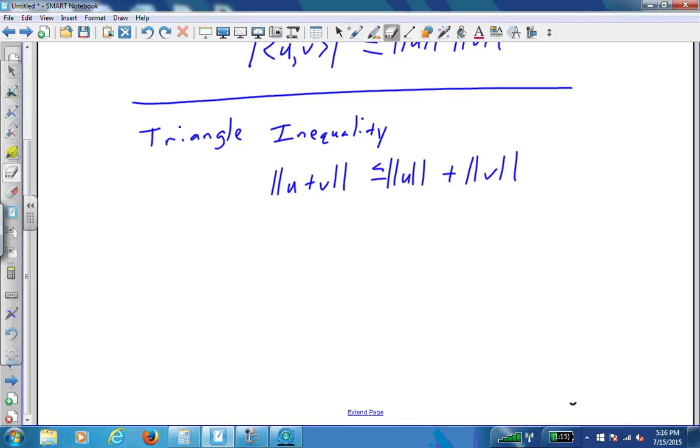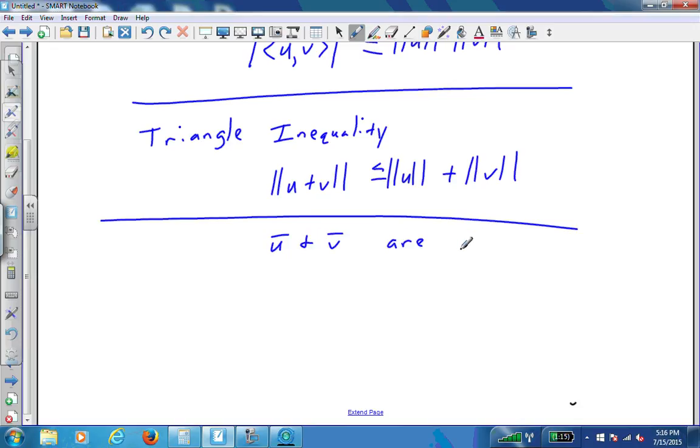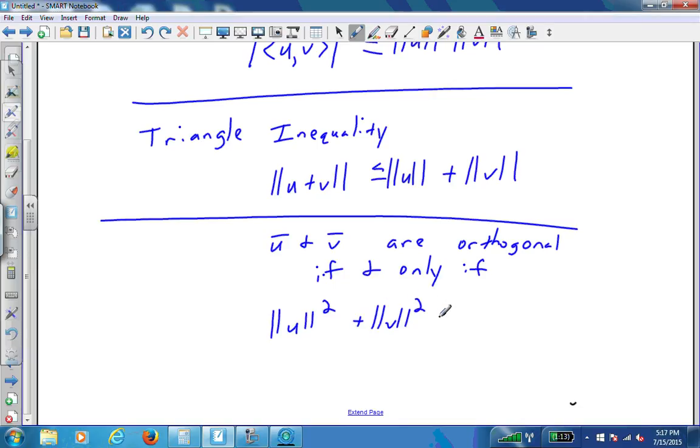And the other one is the Pythagorean theorem. U and V are orthogonal if and only if the norm of U squared plus the norm of V squared is equal to the norm of U plus V squared.